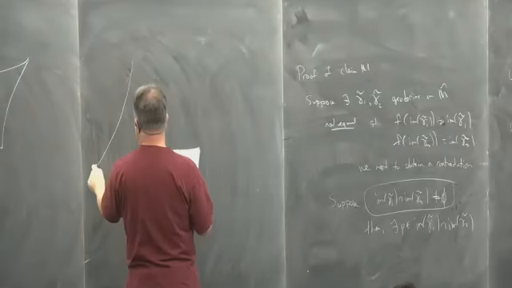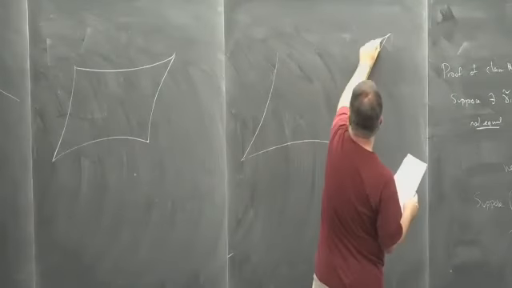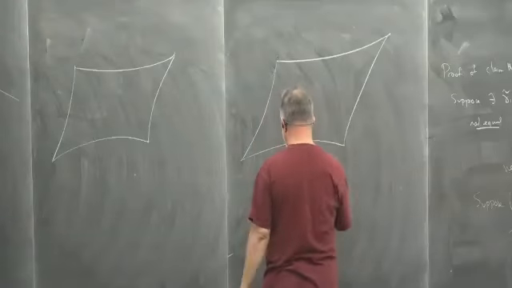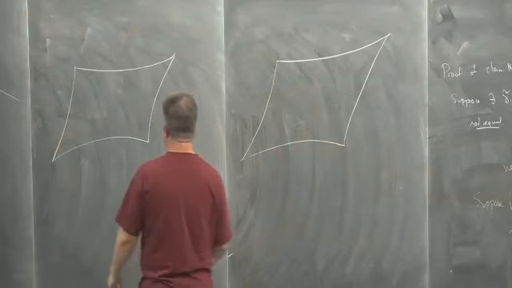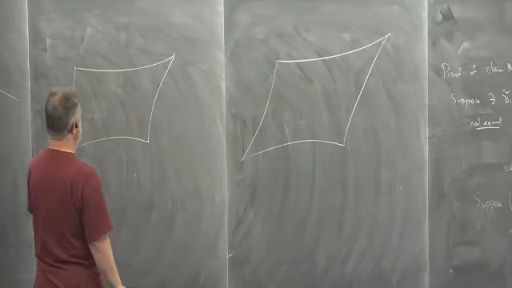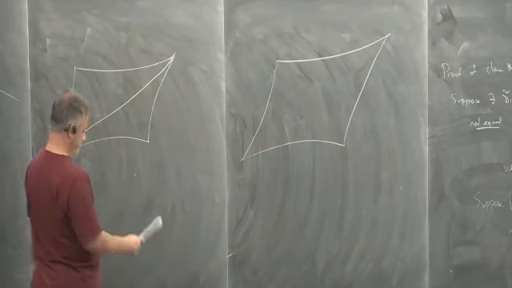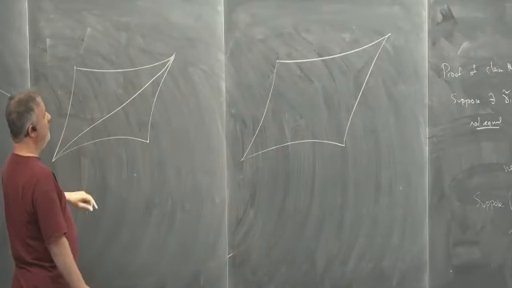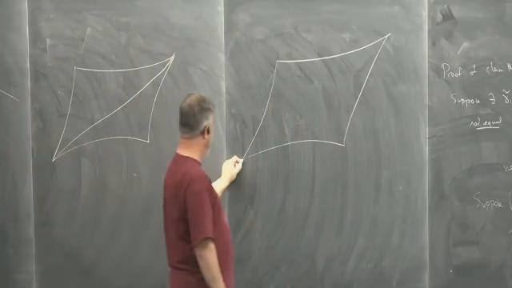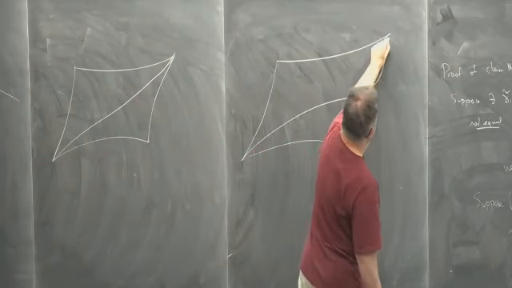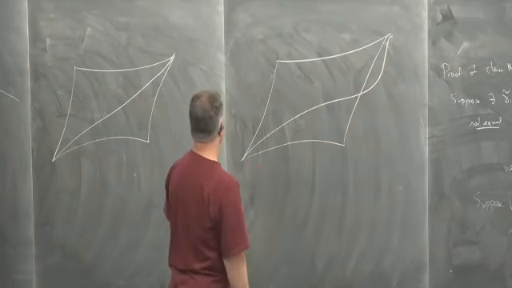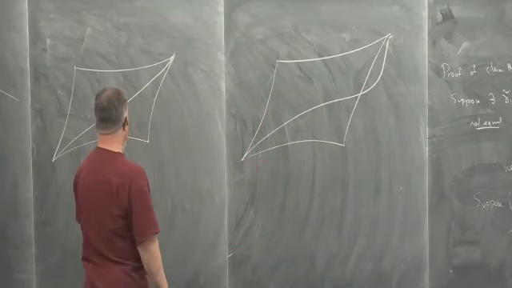I'm going to draw two pictures because there are two possibilities for what could happen. I'm going to join one vertex to the other by a unique minimizing geodesic. It could look like this, or it might look like this. We don't know. There's no reason it has to stay in between.